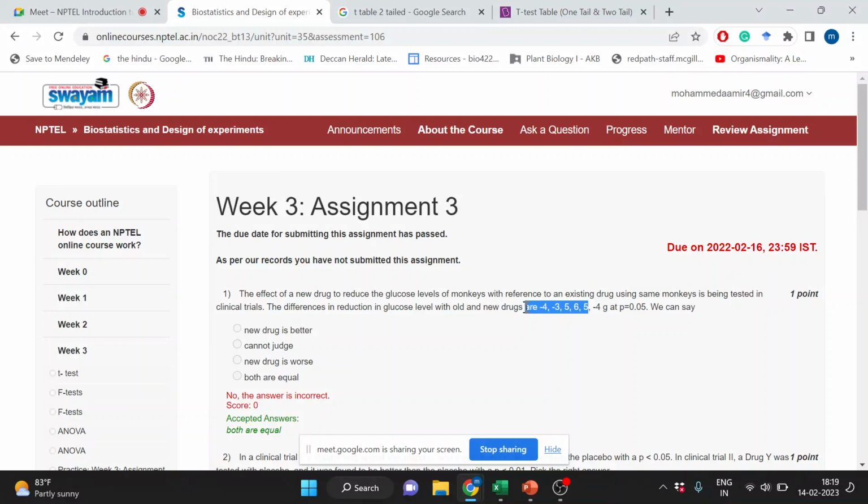If I've called out 5 numbers, I know for certain which number is left, and that has to be -4. So I need to call out 5 numbers, because once I know those 5, I know the 6th as well. So the minimum number of samples I need to know to define the entire set is the degrees of freedom. Here it's n minus 1, which is 6 minus 1, that is 5.